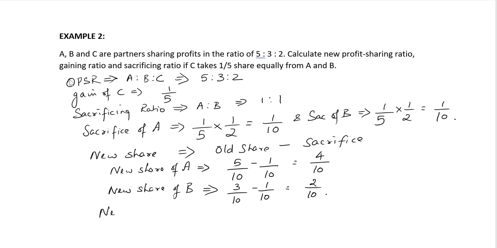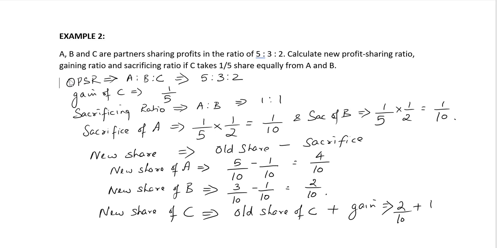Now to get the new share of C, we need to apply the formula old share of C plus the gain, which is equal to 2 divided by 10 plus 1 divided by 5, which is equal to 4 divided by 10.